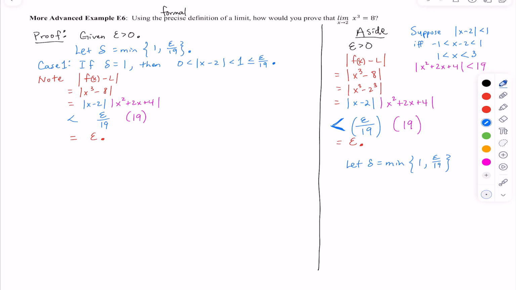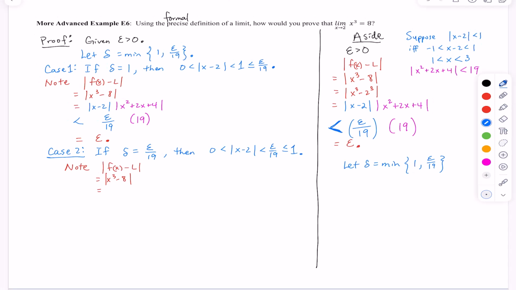We'll go ahead and write case 2. If delta is equal to epsilon over 19, then the proof is just a little bit easier to read. We'll make the observation of the absolute value of f of x minus L. Notice the algebra is very similar.